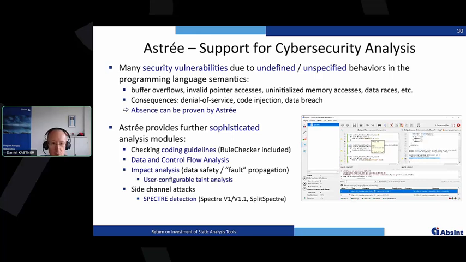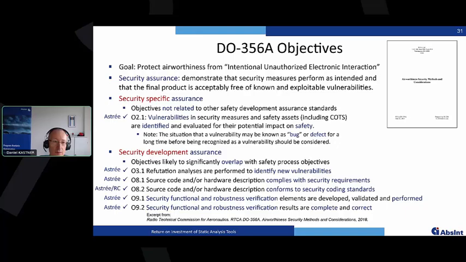So I've talked about the safety norms. We have seen there is a direct contribution to security norms as well. And not surprisingly, if you look at DO-356A, which is about security assurance for avionics systems, basically to protect airworthiness from unintended, unauthorized electronic interactions.